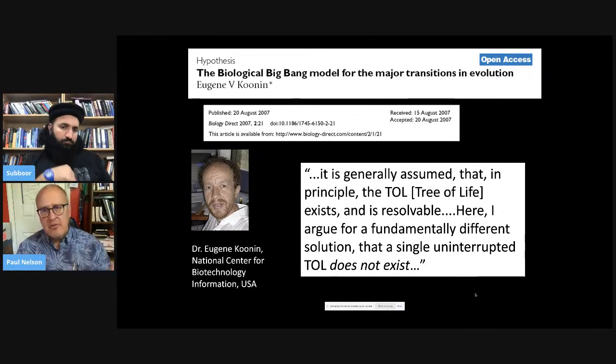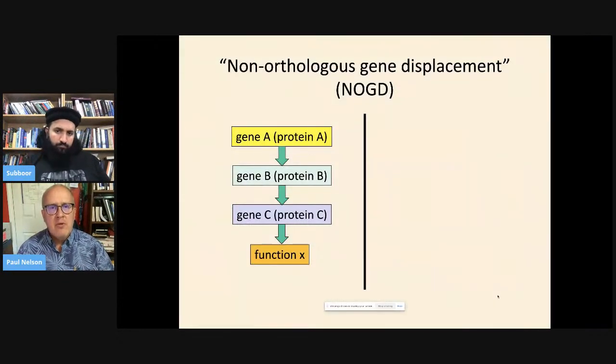He jettisoned that geometry in the light of genomic data. And one of the main motivators for him to do that is a phenomenon that has a really horrible long name, non-orthologous gene displacement, often abbreviated NOGD. That's really fascinating when you begin to learn about it.